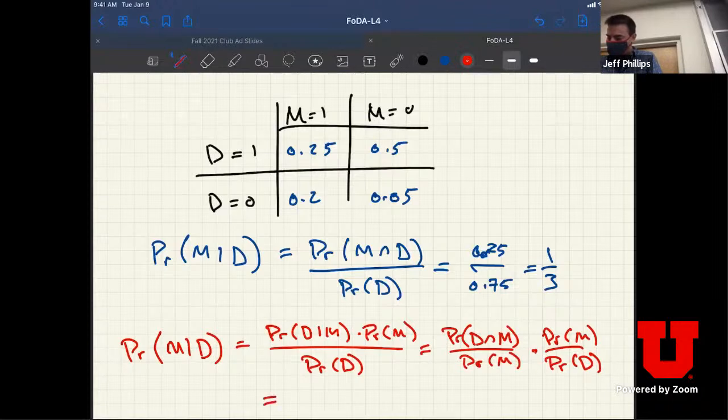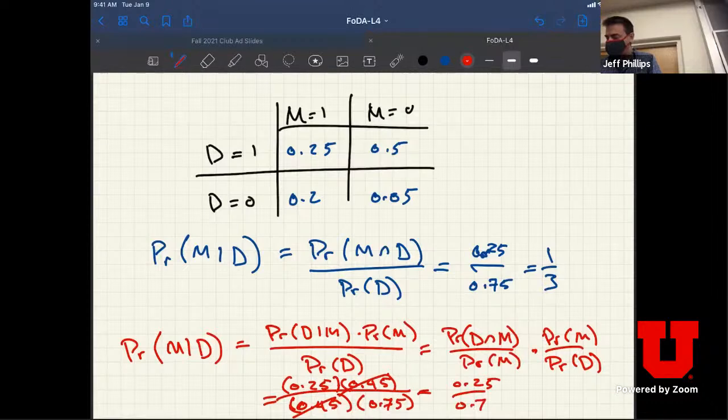The probability of the data and the model, again, is 0.25, divided by 0.45, which is the probability of the model, times the probability of the data, 0.75. And because these cancel, I get back the same thing as before.